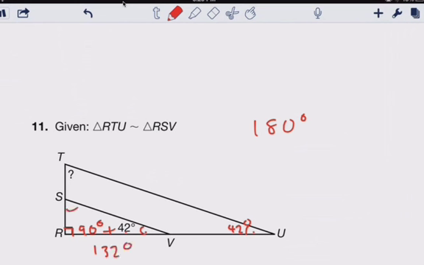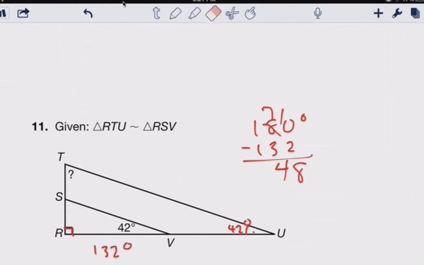So this missing piece, to make it 180, if both of these make 132, the missing piece is 180 minus 132. That is 48 degrees.